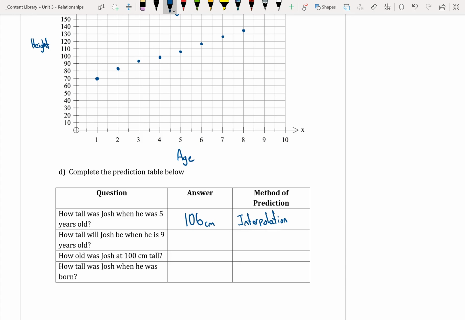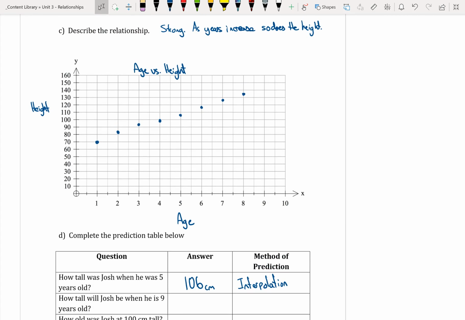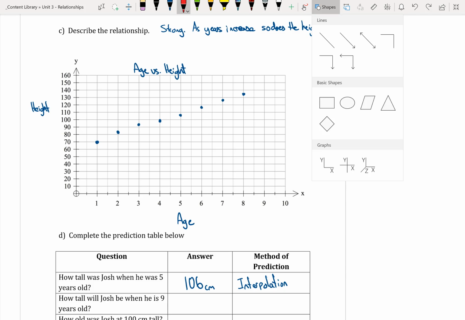How tall will Josh be when he is 9 years old? Now this one we can't use because it's not a data point. But what we can do is we can draw a line of best fit. Let's try to do a little bit better.